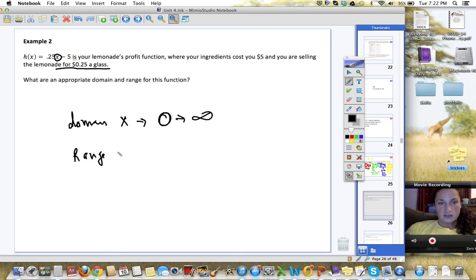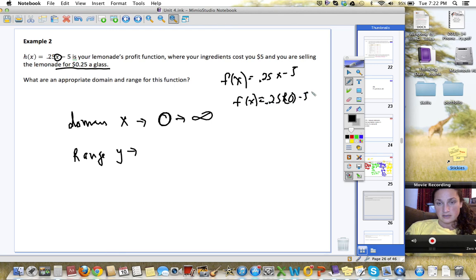My range, this is going to be my y values. So I need to think of this since my domain is starting at 0. What can I do? So if I have f of x equals 0.25x minus 5, I can say, if I plug in my lowest number, if I plug in a 0 here, or 0.25 times 0 minus 5, this is going to cancel, and my f of x, my lowest number, is going to be negative 5.